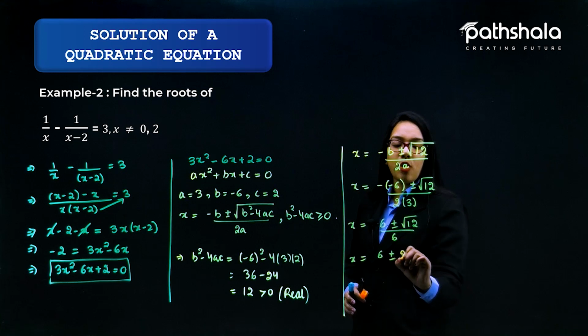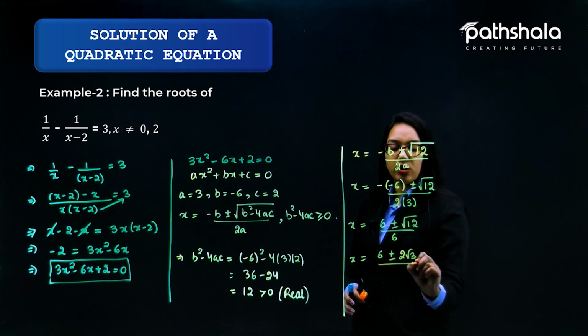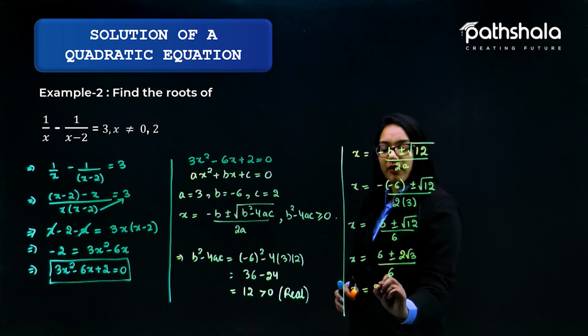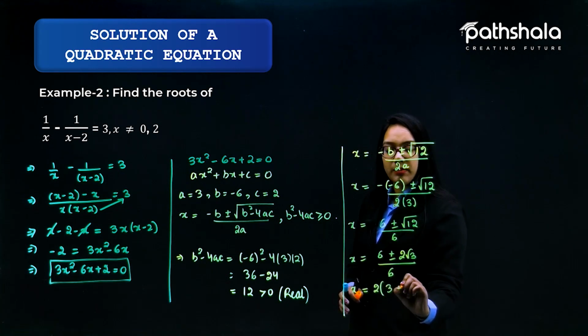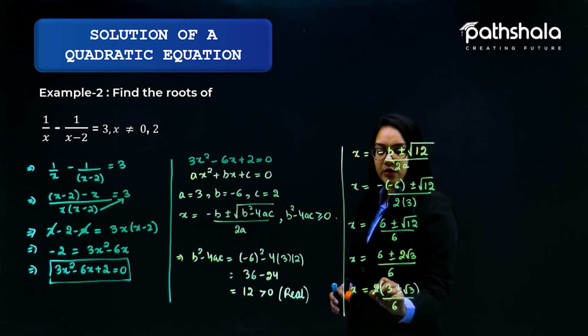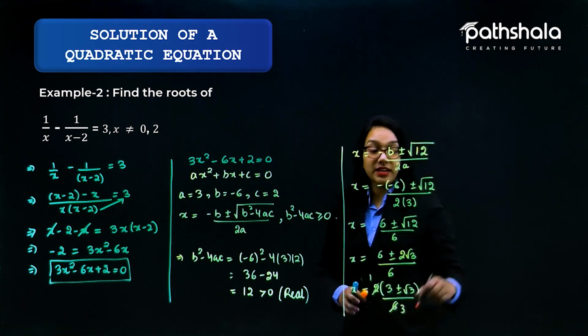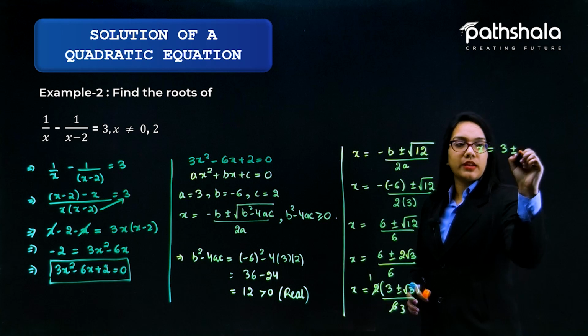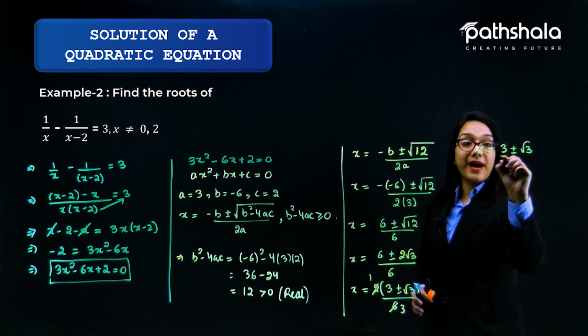So we can take 2 common out of it. It would be 2 root 3 by 6. Further, we can take 2 common out of it, so this would be 2 into 3 plus minus square root of 3 divided by 6. Both of these get cancelled, as 2 into 1 is 2 and 2 into 3 is 6. So at the end we get x is equal to 3 plus minus root 3 by 3.